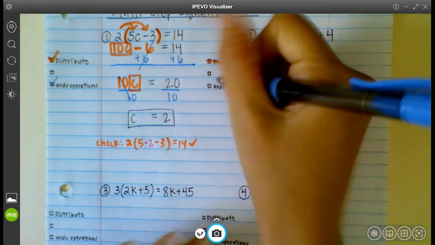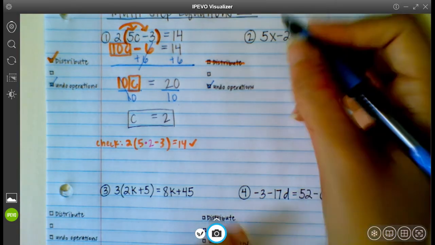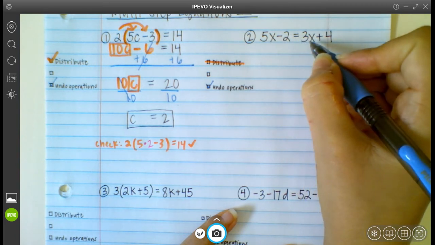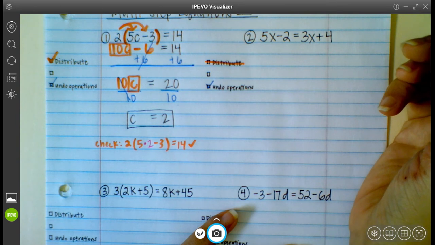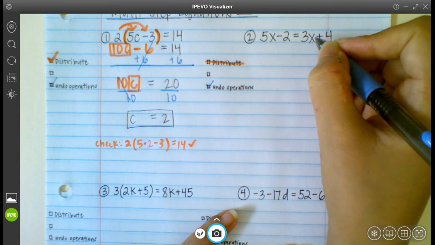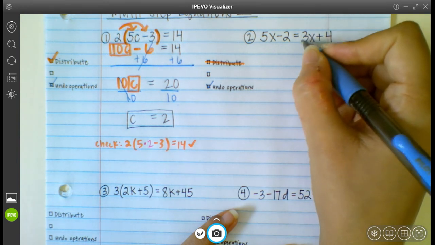Now, the easiest operations to look at doing are with your x's first. So I notice I have a 5x on the left side of my equal, and I notice I have a 3x on my right side of my equal sign. The easiest way to do this is move the smaller number to the other number. So 3x is the guy I want to move. And 3x right now as it sits here is positive.